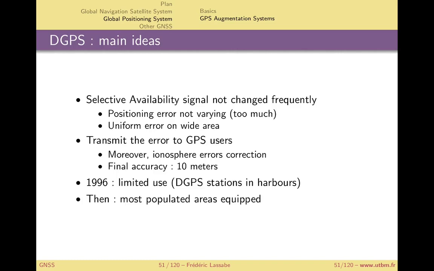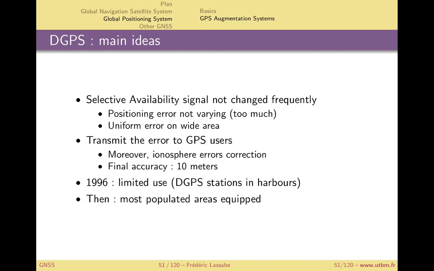So the idea behind the DGPS is to transmit the error to the GPS users which are in the vicinity of the DGPS station, to transmit the error correction along with ionosphere error correction, which further improves the accuracy, and to achieve a final accuracy of 10 meters, which is far better than 33 meters.